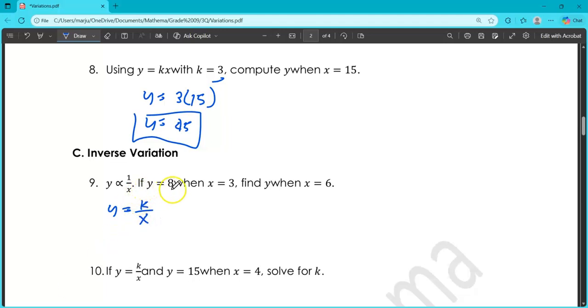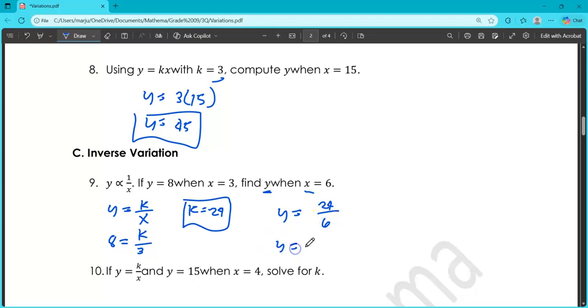So it says here, y equals 8 when x is 3, so you're going to say 8 equals k over 3. And then we solve for k, which is equal to 24, correct? So we know that k is 24. We're going to find y when x is 6. So we're going to say y equals 24 over 6. So y is just 4.